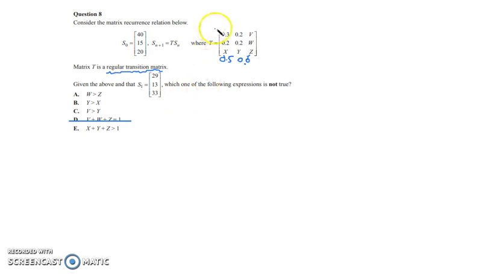And how we do this is when we have a matrix, if we're doing the T matrix times the S0 matrix, what we do is we do the horizontal, so the 0.3 times the 40, and then we would add the 0.2 times 15, and then we would add the v times the 20.